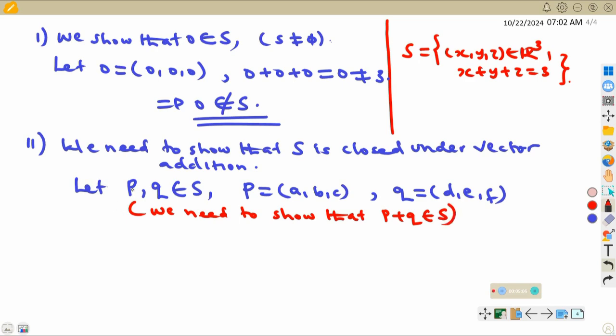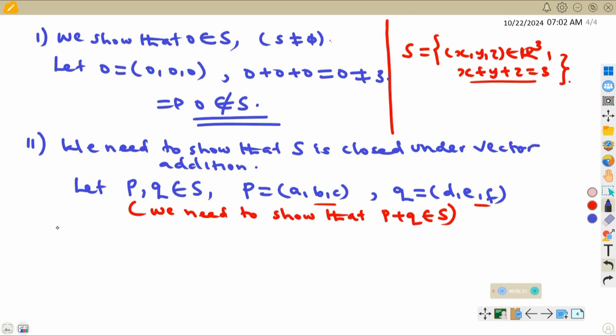So we have already let our two vectors P and Q be from S, where P is of this form and Q is of this form. By the fact that P and Q are elements of S, they satisfy this given condition.